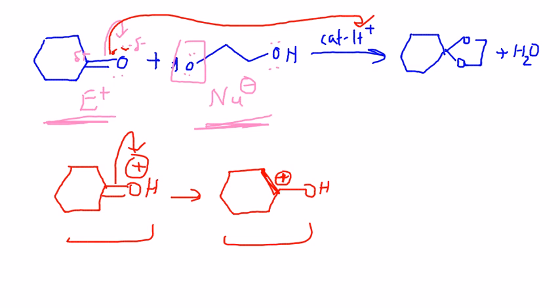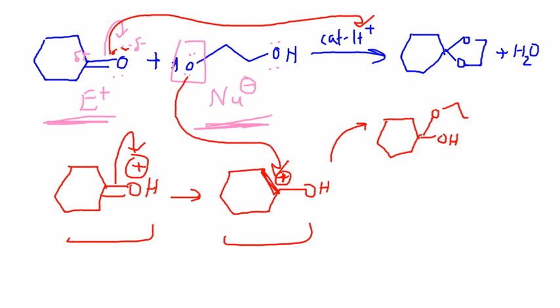Anyway, now the alcohol is going to attack, and so you will first see the formation of an OH, an O, two carbons, and then an OH with the proton still intact.